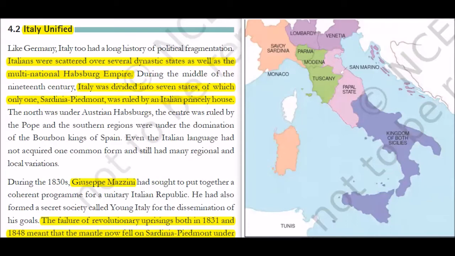The north was under Austrian Habsburgs, the center was under the Pope, and the southern parts were under the domination of Bourbon kings of Spain. Even the Italian language had not acquired one common form at that time.